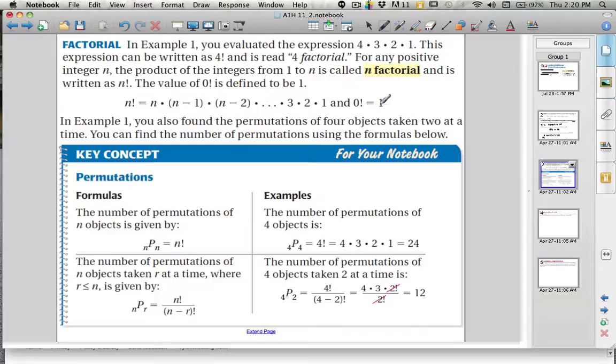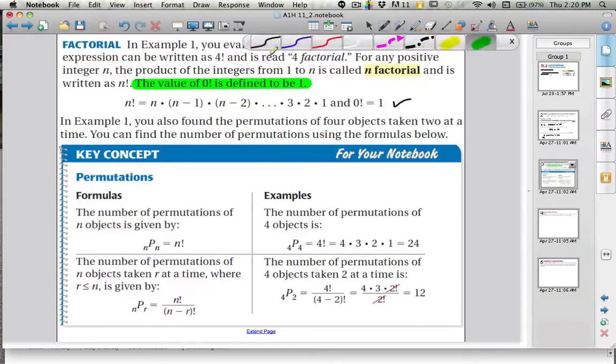Okay, so this is sort of how you would talk about n factorial. This is written in sort of mathese, right? And the value, this is important to know, the value of 0 factorial is not 0, it's 1. Okay, so that's important to remember. 0 factorial is said to have a value of 1.